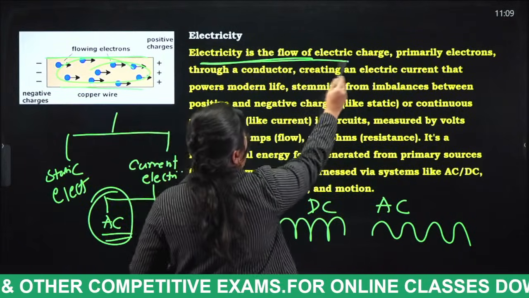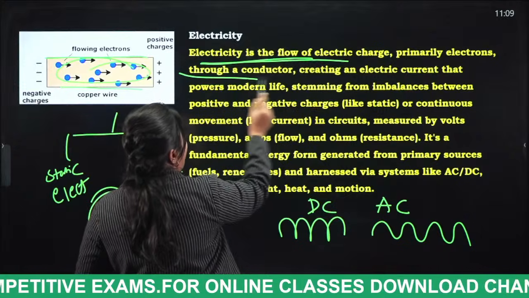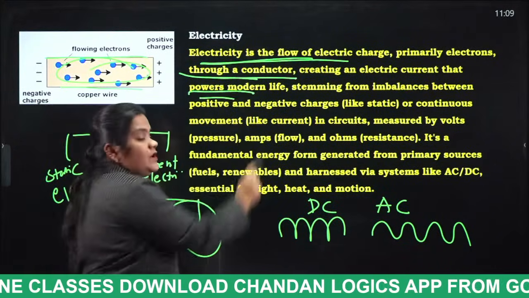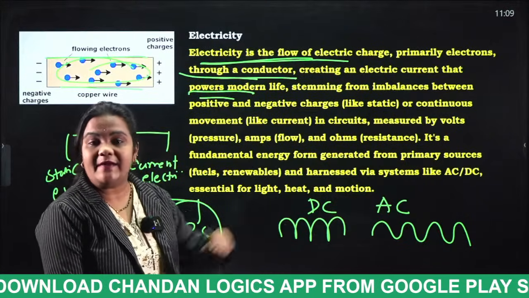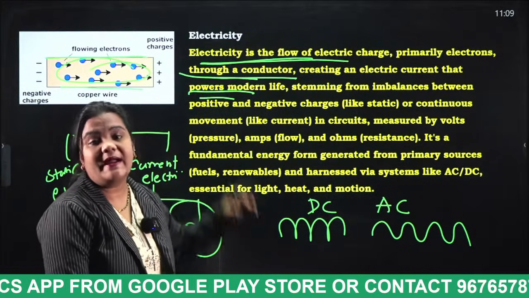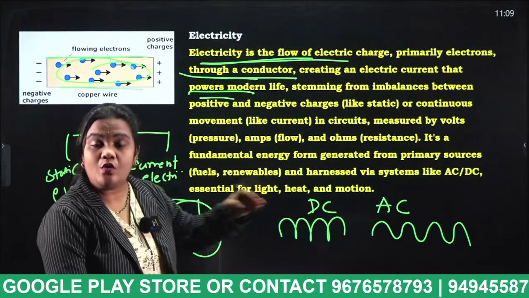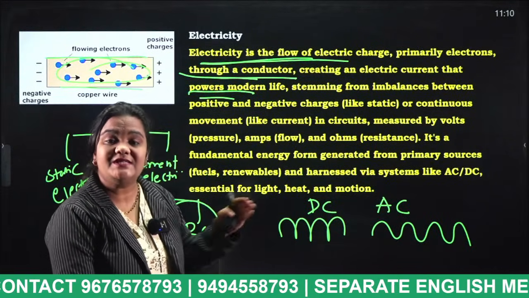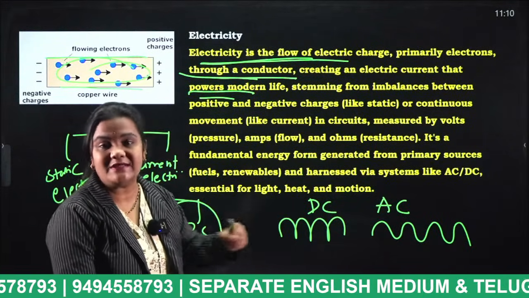Electricity is the flow of electric charges, particularly electrons, through a conductor, creating an electric current that powers modern life. So in our daily lives, everything is running upon electricity. So we have to know what is happening in the electricity and how it is generating. Each and every student must have a little knowledge regarding that.